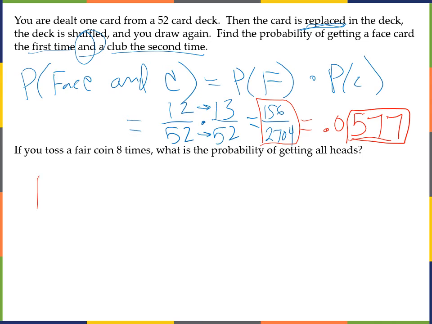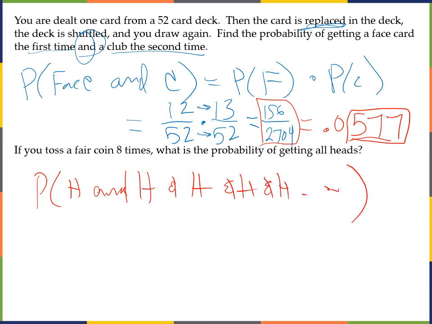So really what we're looking at is the probability that we get a heads and another heads and another heads and another heads and another heads, and we're going to do this 8 times. Since they're independent, it's just the probability of a heads times the probability of a heads times the probability of a heads, etc. Again, 8 times. Okay? We can do each one by themselves.